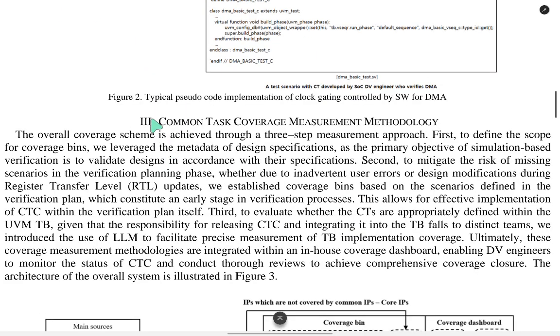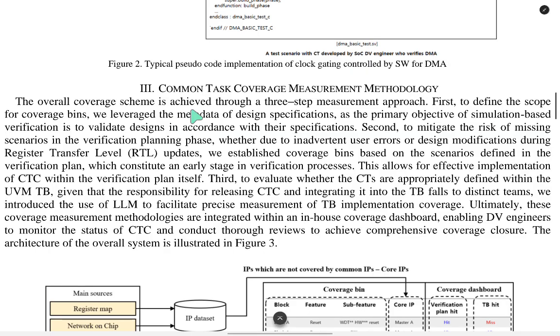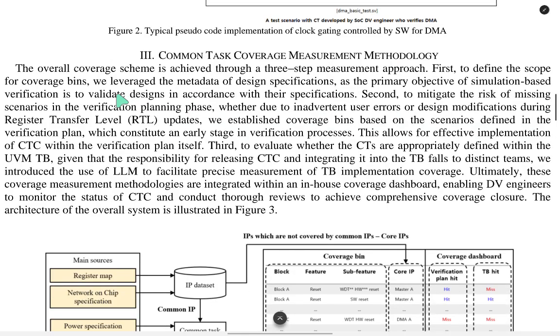So now chapter 3, common task coverage measurement methodology. The overall coverage scheme is achieved through a three-step measurement approach. First, to define the scope for coverage bins, we leverage the metadata of the design specification, as the primary objective of simulation-based verification is to validate the designs in accordance with their specifications.